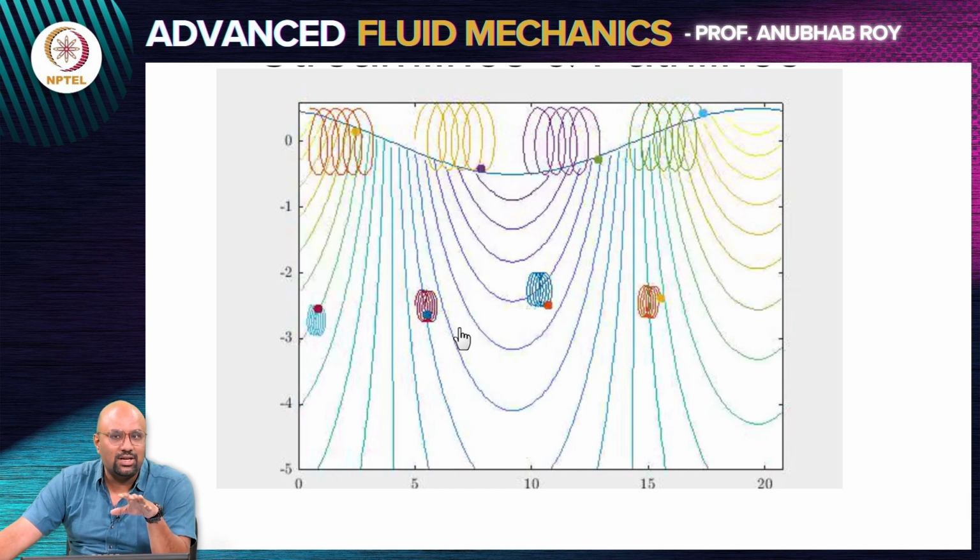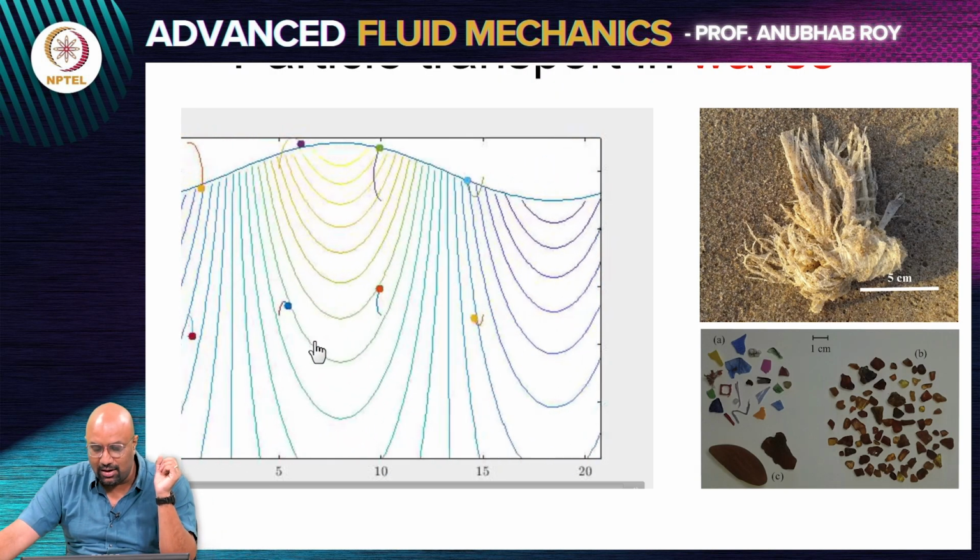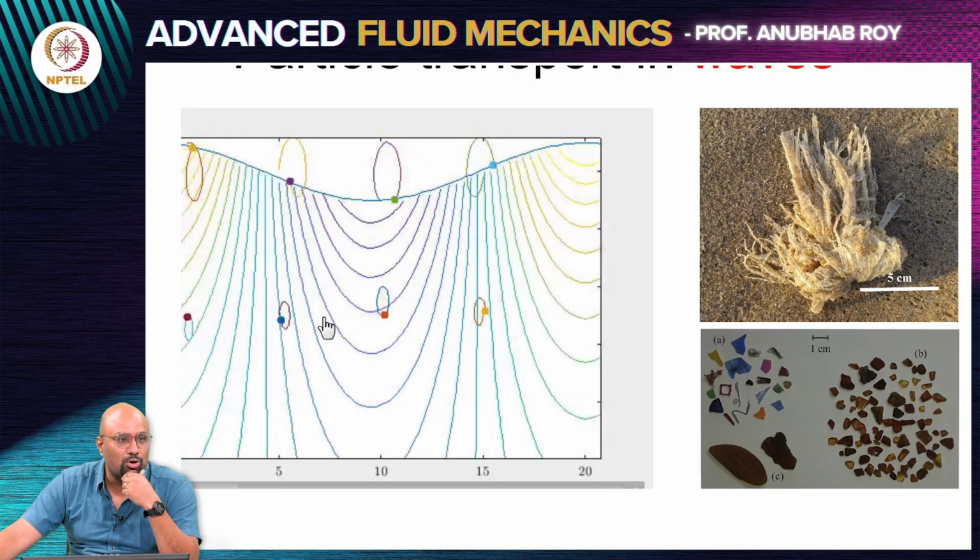So the Lagrangian picture is very different from what you get from the Eulerian picture, that's one thing. And the Lagrangian picture from the full numerical simulation is also very different from what you get from the first linear calculation. This becomes quite important when you are thinking of particle transport by waves.